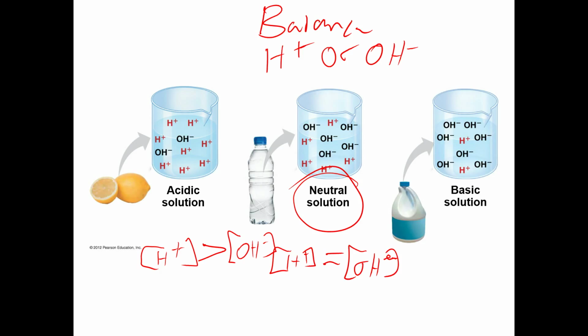And when you're talking about a basic solution, it's the opposite. In this case, you have a higher concentration of OH ions than your hydrogen ions. It's all about balance.